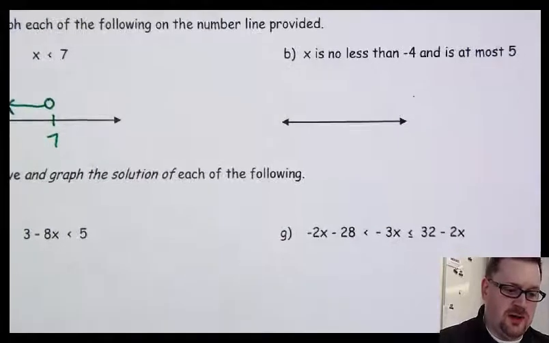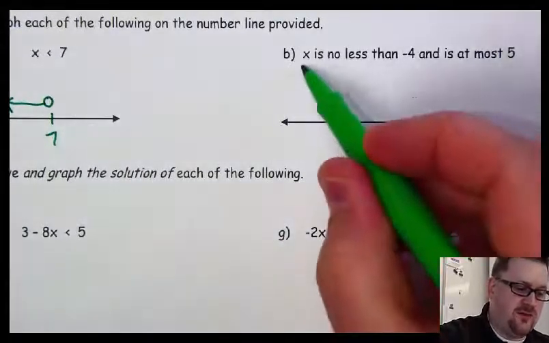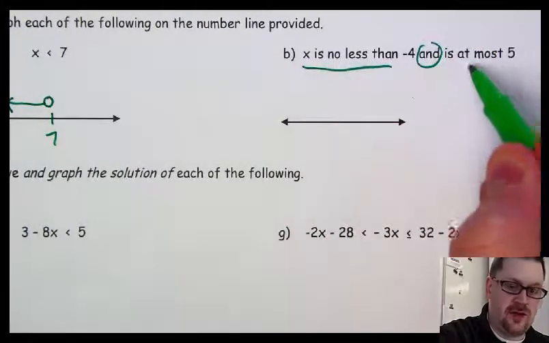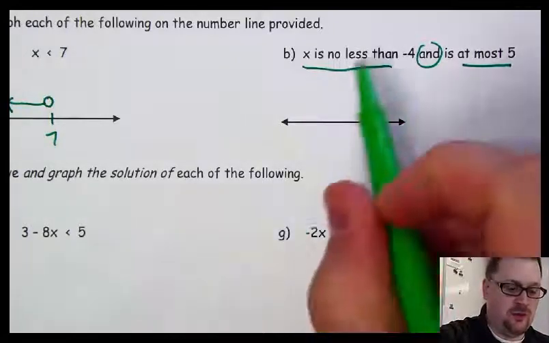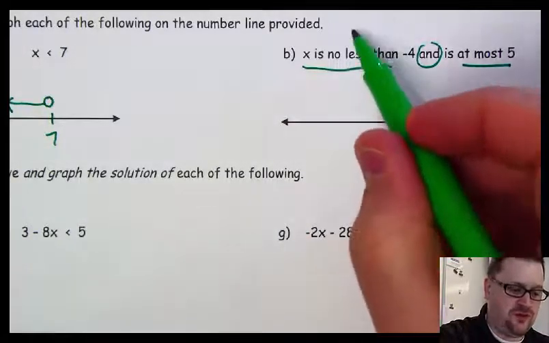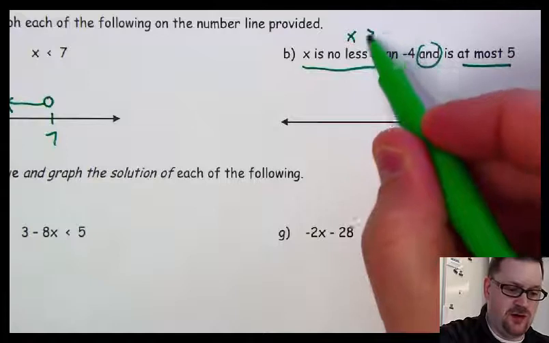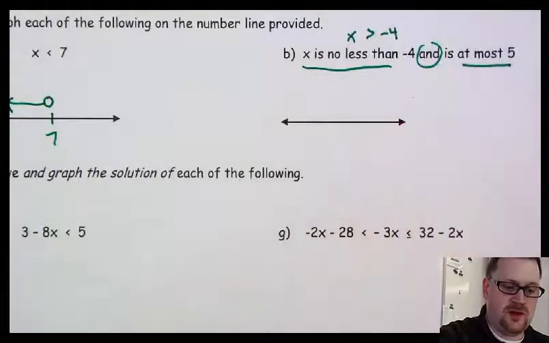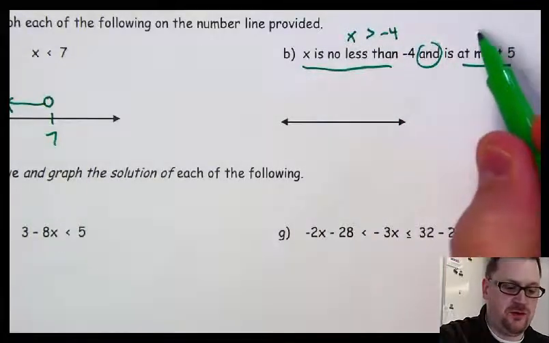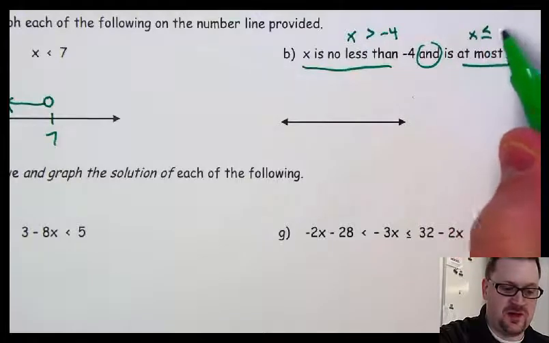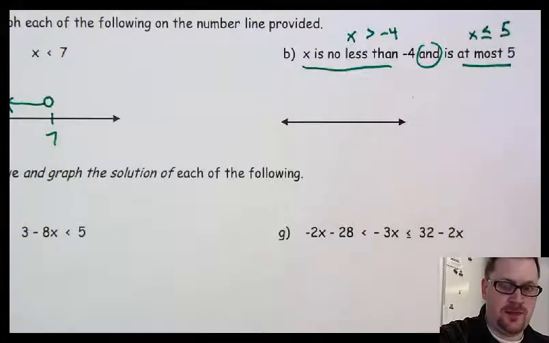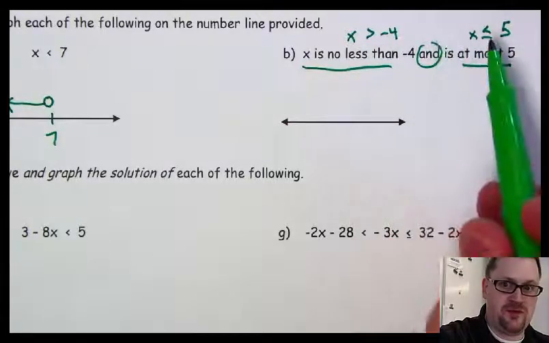This would be an open circle with an arrow to the left. The next one, x is no less than -4 and at most 5. No less than really says that x is greater than -4, and if it's at most 5, you're really saying that x is less than or equal to 5. Can both of these happen at the same time?